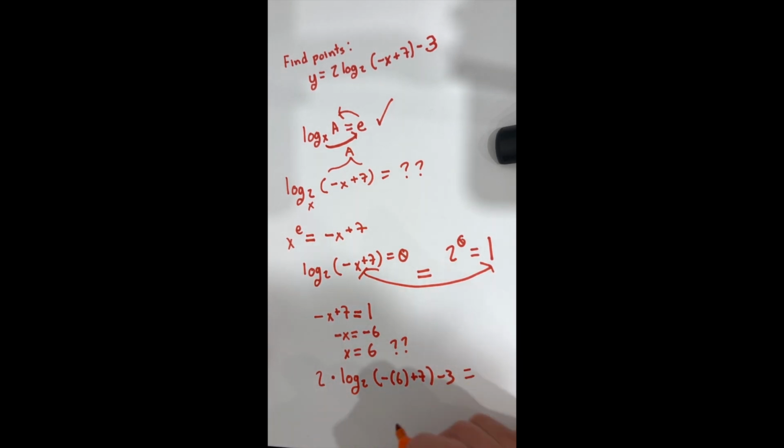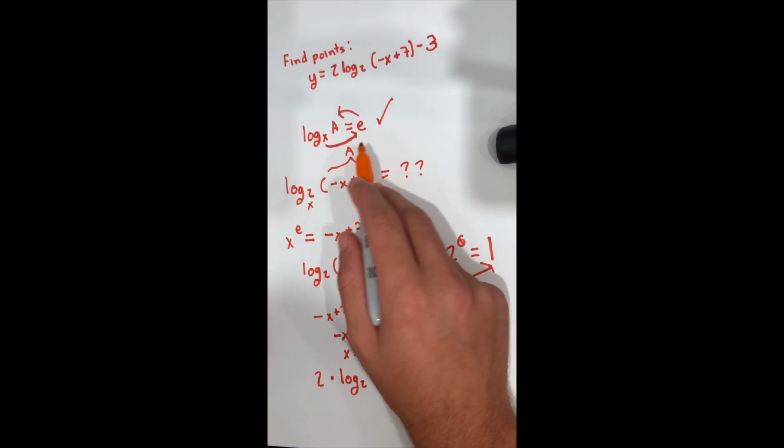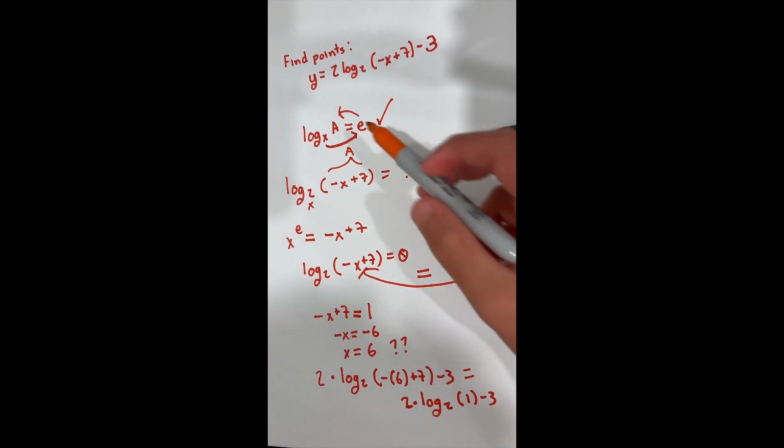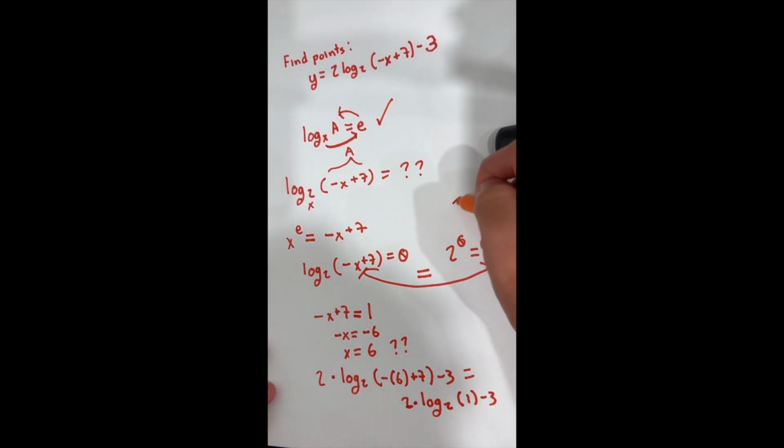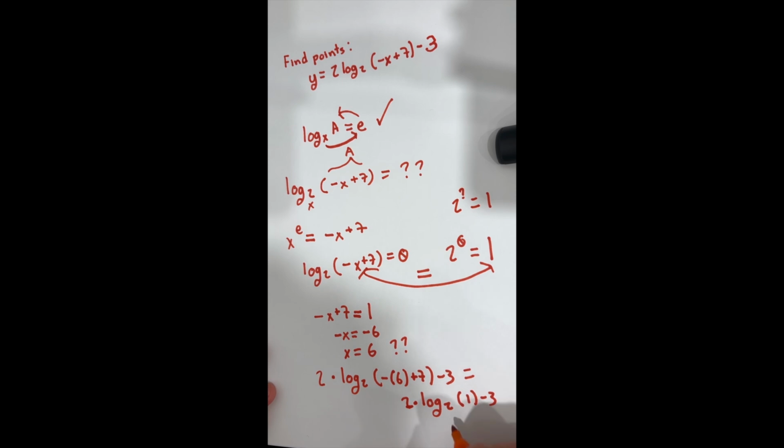So we would have 2 times log base 2 of 1, minus 3. But notice, how do we simplify that log? Well, if we go back to the rule that the base must be to the power of something and equal that a, the a in this case being a 1, 2 to the power of what will equal 1? Well, we already established that that would be 0.